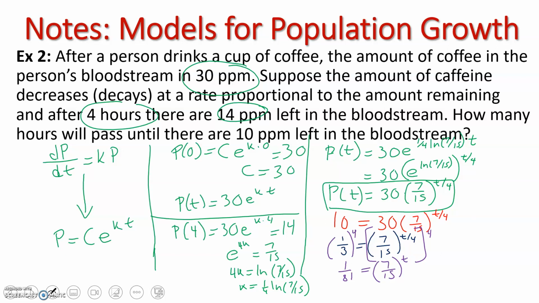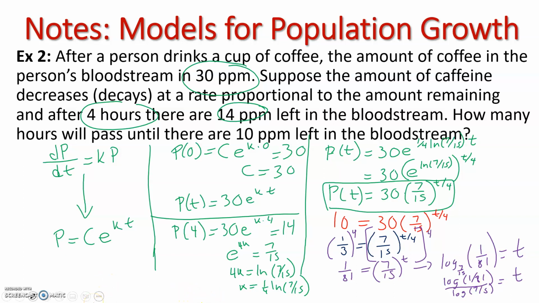We would like to get rid of this base 7/15, so we will take a log base 7/15 to both sides. So the left-hand side becomes log base 7/15 of 1/81. The right-hand side simply becomes time. Using our change of base formula in our calculator, we have here log of 1/81 over log of 7/15, and this will give us our time.